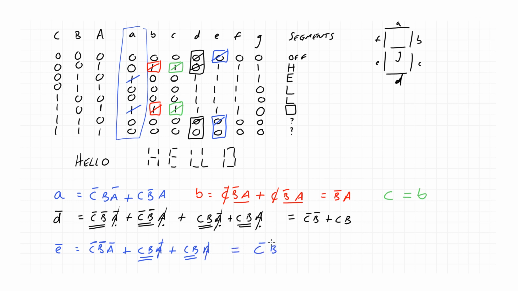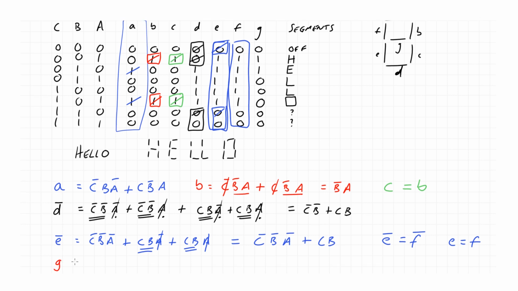So it's going to be not C, not B, not A, or C B. But we can't simplify further because there's too many changes. Segment E and segment F are identical, so we could say not E equals not F, or we could say E equals F. So we can wire E and F together, save a bit of time and save some logic.